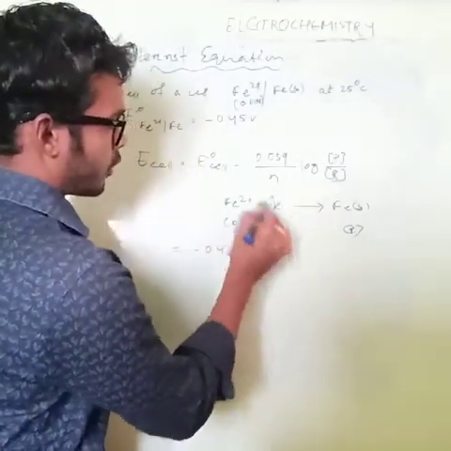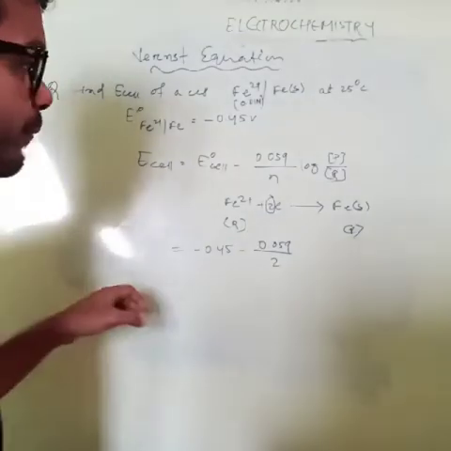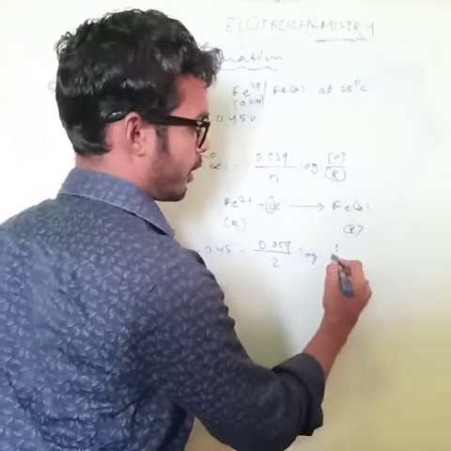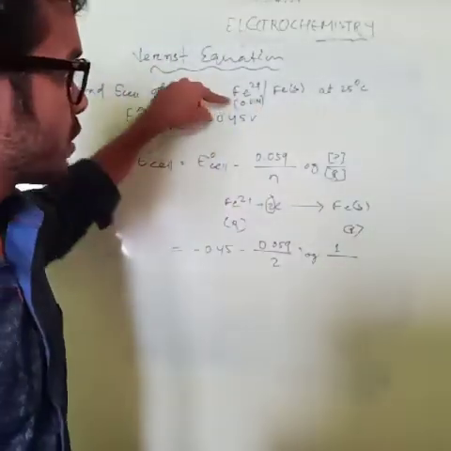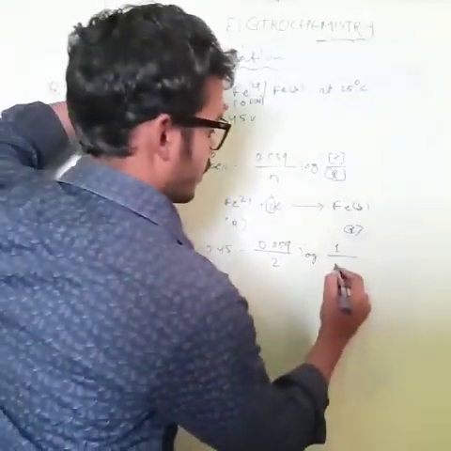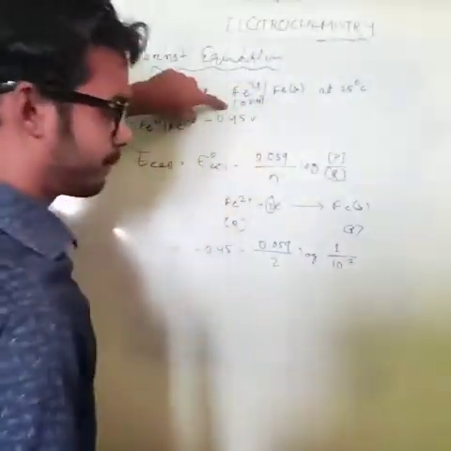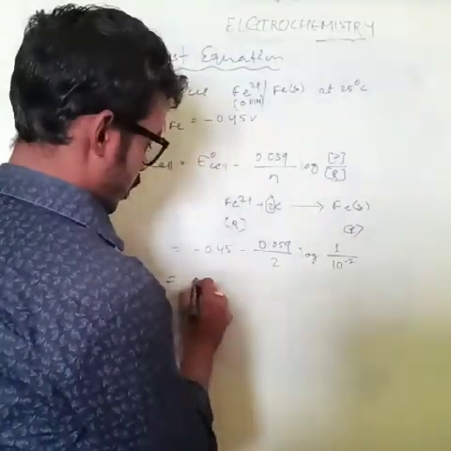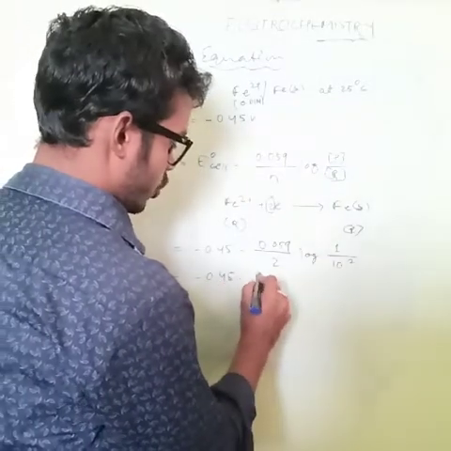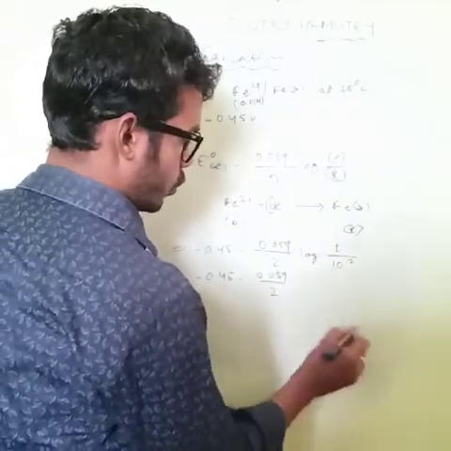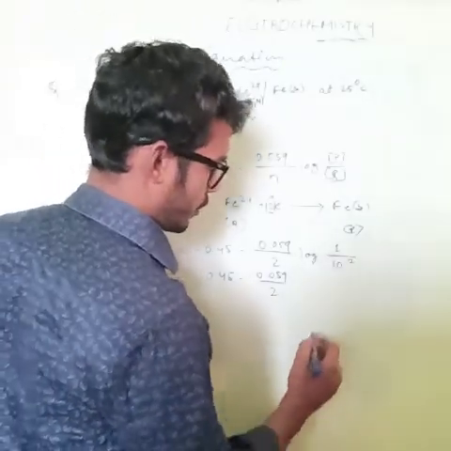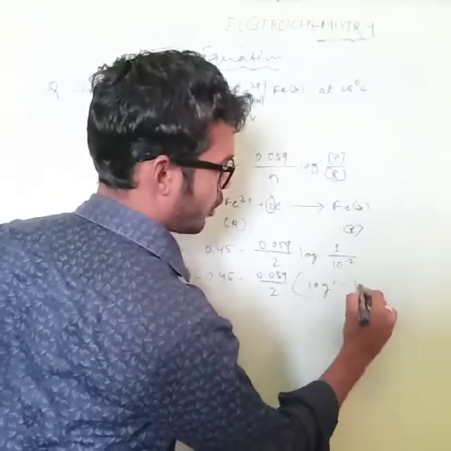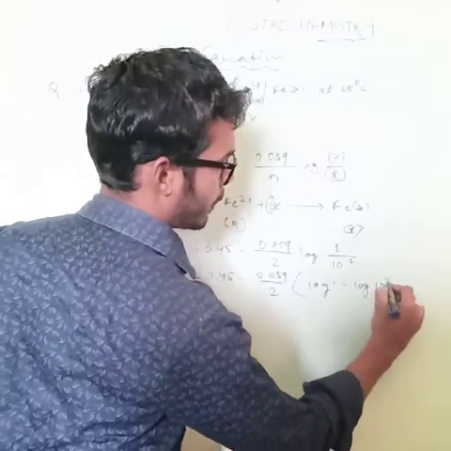See, the number of electrons is 2. Log of product concentration, Fe concentration, that is 1, by reactant concentration, Fe2 plus concentration, that is given in your question, 10 to the power minus 2. Yes or no? So now you can solve: minus 0.45 minus 0.059 by 2, log of 1 minus log 10 to the power minus 2.